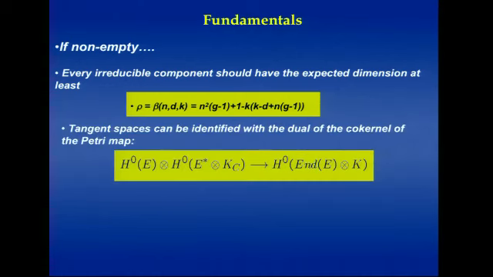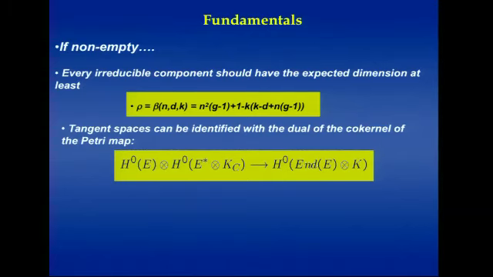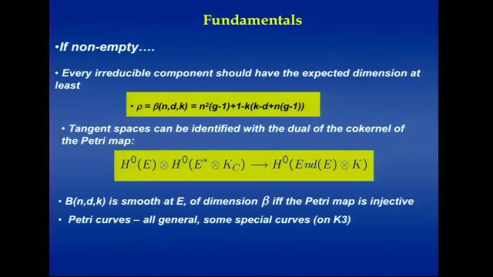We can figure out what the tangent space is at a given point, a bundle in the space, and it's given by the Petri map. It's a good way to think about smooth points on the variety. If this map is injective, we get a smooth point, and if not, that is a singular point.